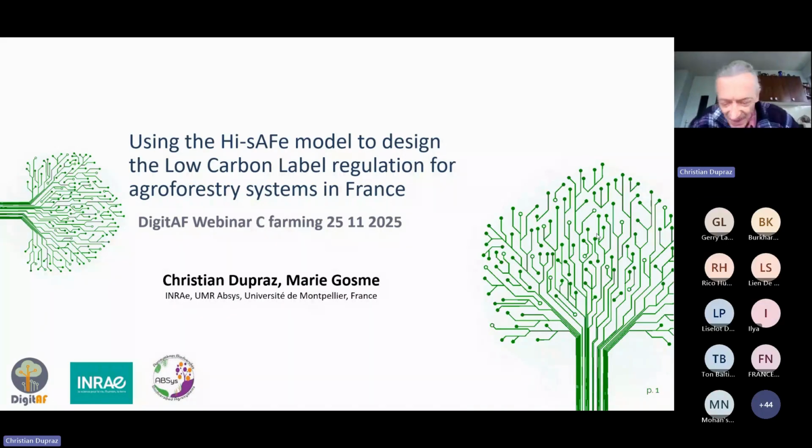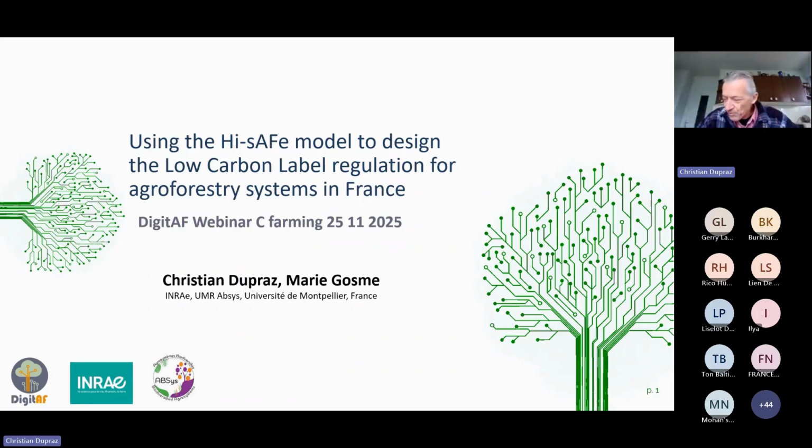Okay, good morning, everybody. I've seen some well-known names in the list of participants, so good morning to you and good morning to all the others that I probably meet for the first time. It's my pleasure to introduce you to some use of an agroforestry model to design the low carbon label regulation for agroforestry systems in France.